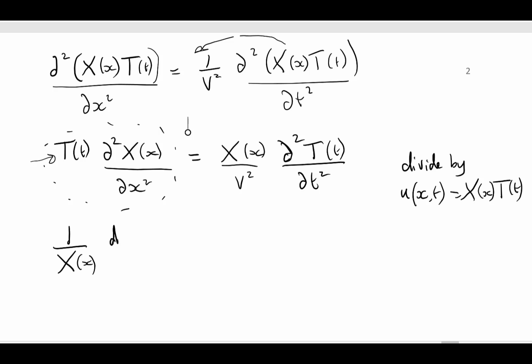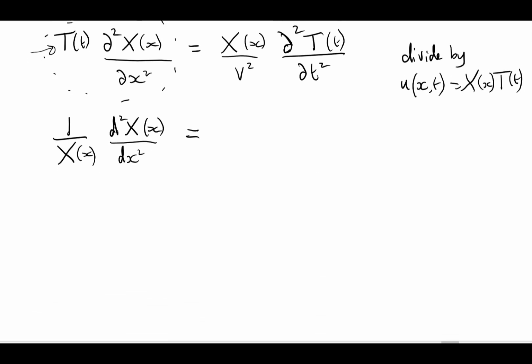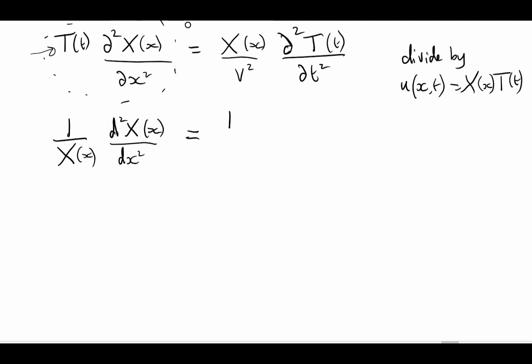And now we're going to write this no longer as a partial derivative, by the way, because we only have terms of x inside this derivative. Let's move this up. Is equal to 1 over v squared, and now we've got our T term in the denominator because, of course, the X will have cancelled.